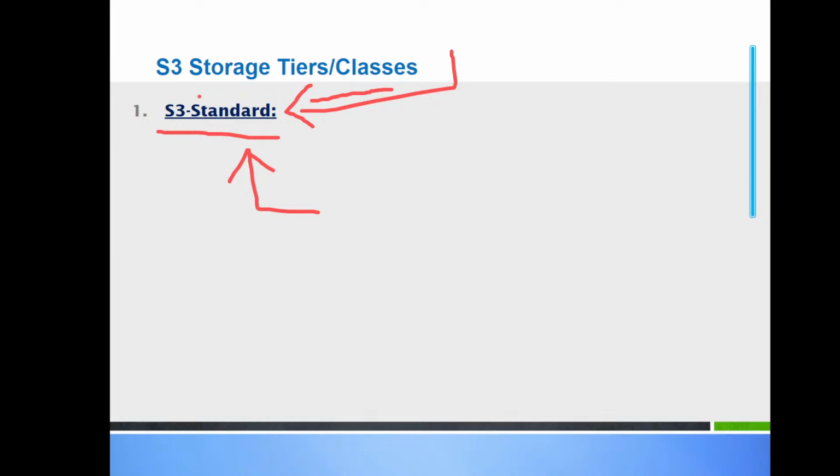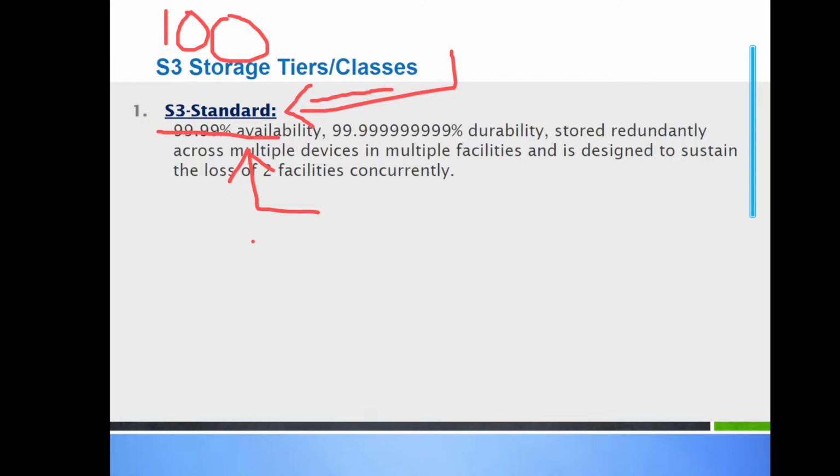Okay. So let's say to store the data, you have to pay 100 rupees. In S3 Standard, you have to pay 100 rupees per month. It gives you all the features which come in S3, like storing the data in 3 availability zones. Data is always available, 99.99 durability.